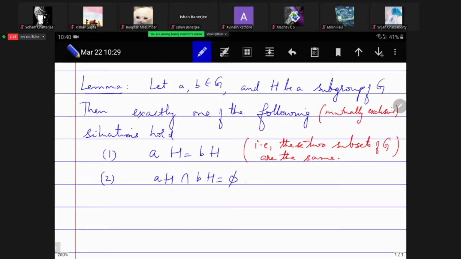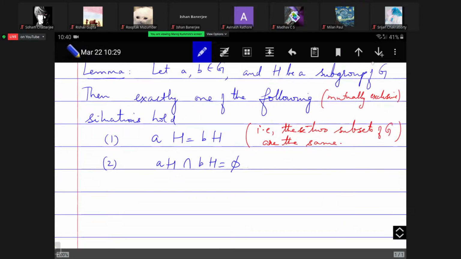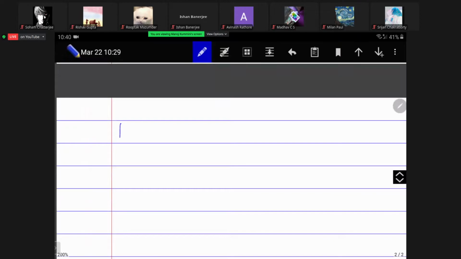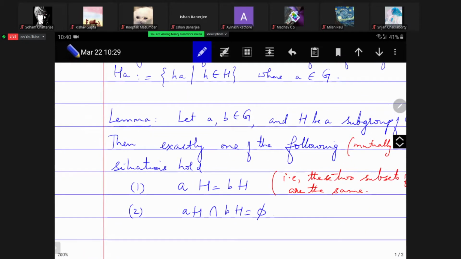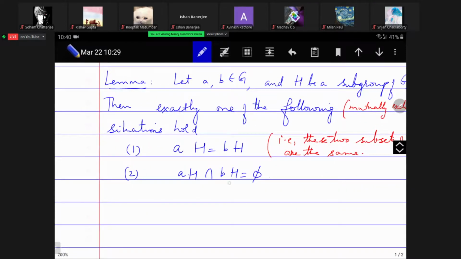So this is an important property about cosets that comes in handy. We'll use these things later. Okay? So, proof. We are asserting that exactly one holds.